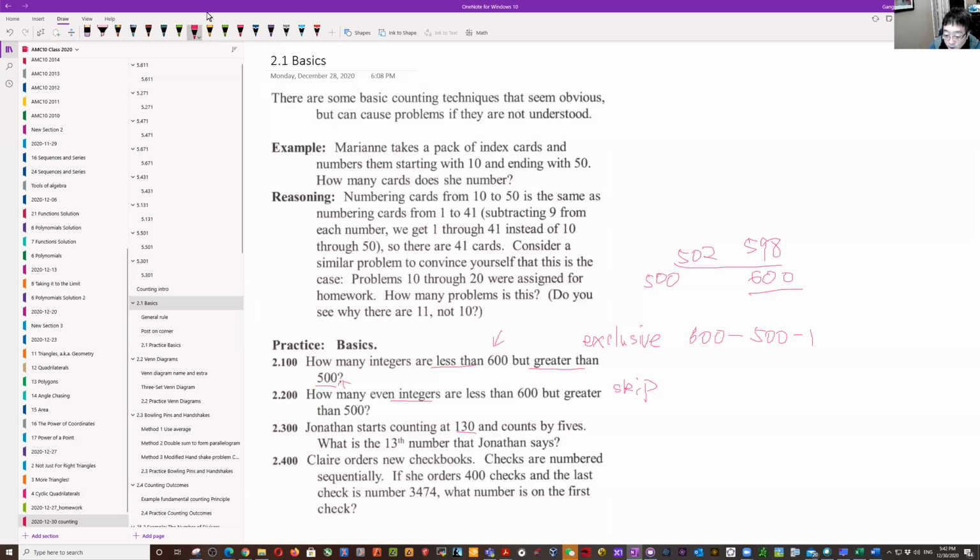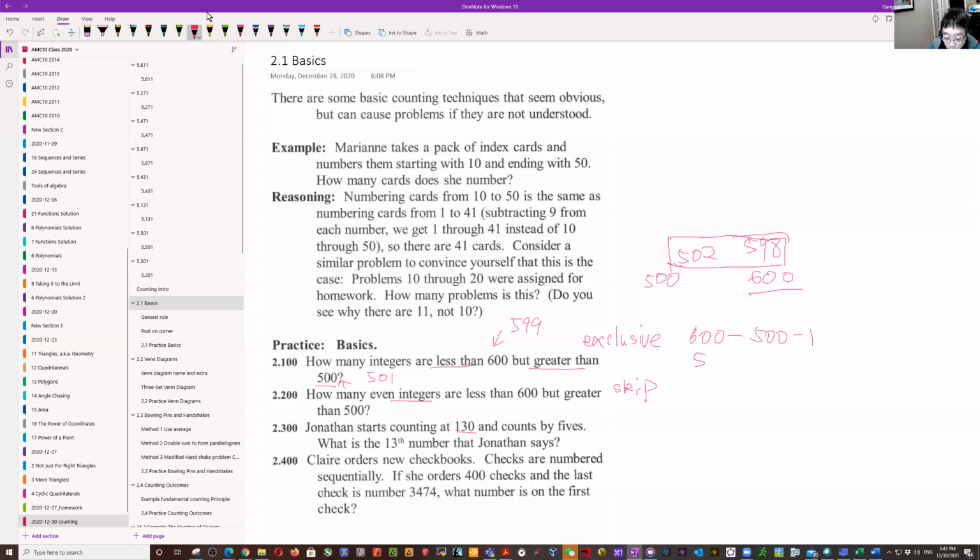Usually inclusive counting is a better bet because inclusive you have a clear ending and a clear beginning, so that fits the formula. Otherwise, when you have exclusive, you can convert it into inclusive first. For example, for integers less than 600, you can convert this to 599, and for greater than 500, you start at 501. So you can convert those.